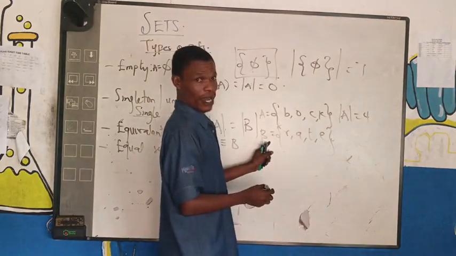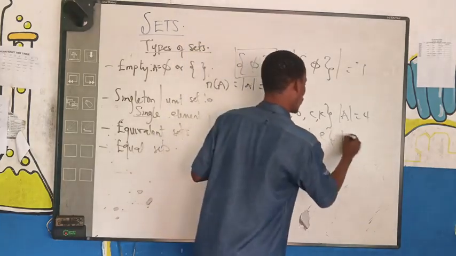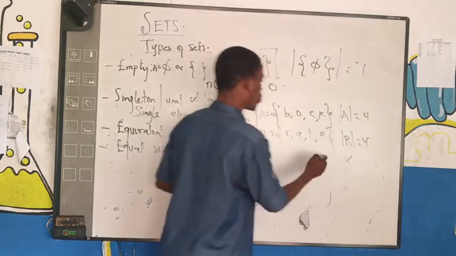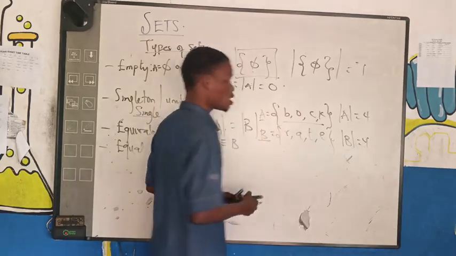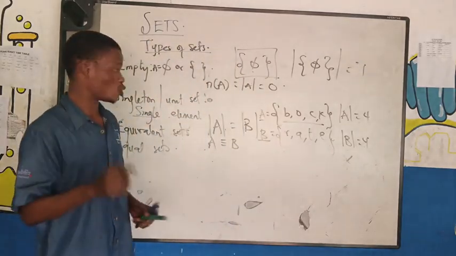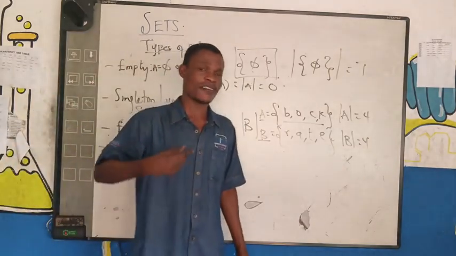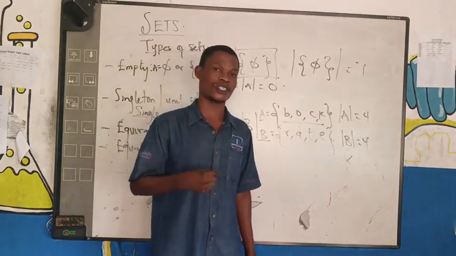How many elements do I have in B? Again, 1, 2, 3, 4. So the cardinality of set A and the cardinality of set B match, and that makes them equivalent sets. Two sets are said to be equivalent if they have the same number of elements, that is, if their cardinality is the same.